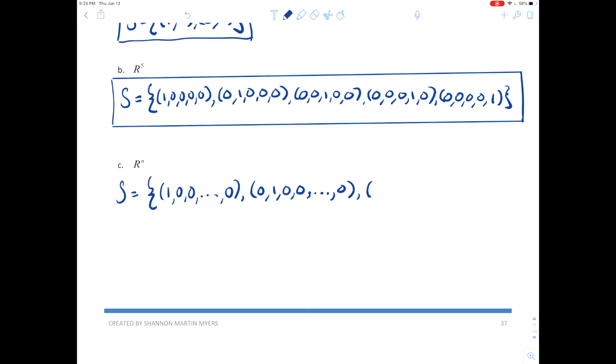We'll do another one. 0, 0, 1, 0, 0, dot, dot, dot, all the way down to 0.